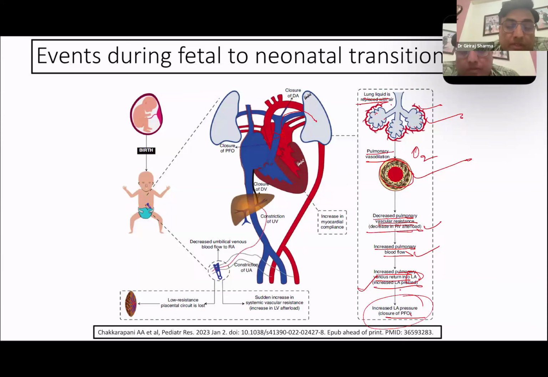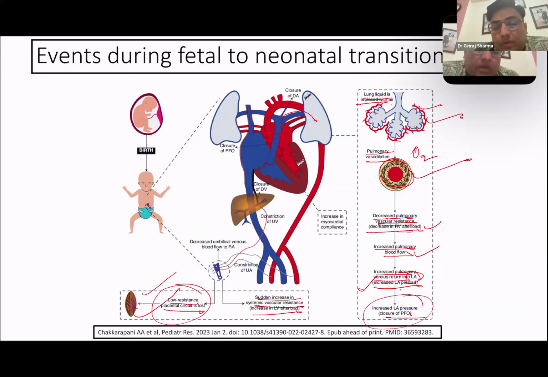So after birth, what is happening? That low resistance placental circulation is no more. There is a sudden increase in systemic vascular resistance after cord clamping, a sudden increase in afterload of systemic blood flow, and this decreases umbilical venous blood flow, with constriction of the umbilical arteries. The ductus venosus and umbilical vein are also constricted and closed after birth.